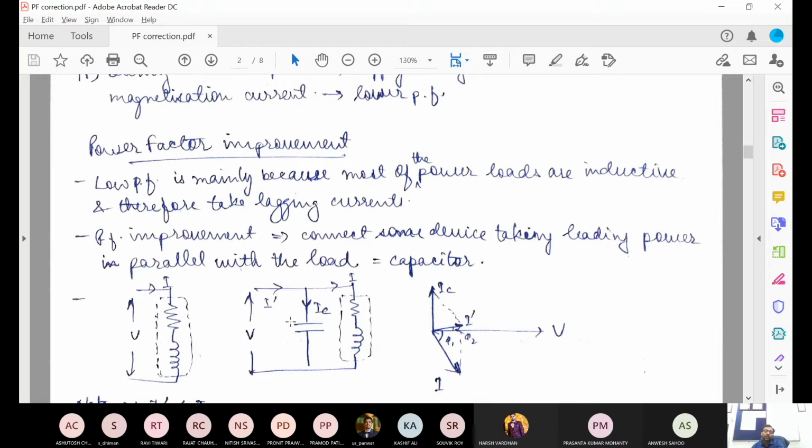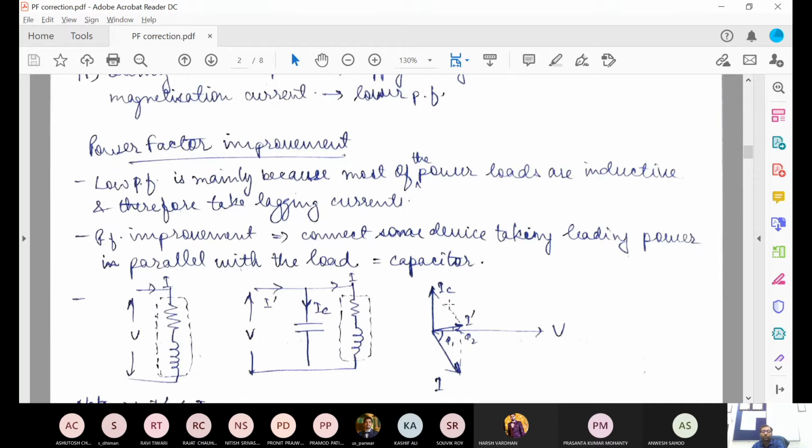Now, in the second case, we put a capacitor in parallel to our original load. This capacitor will also draw some current, which is indicated here as IC. As we know, whatever voltage source the capacitor is connected to, the current it draws will lead the voltage by 90 degrees.